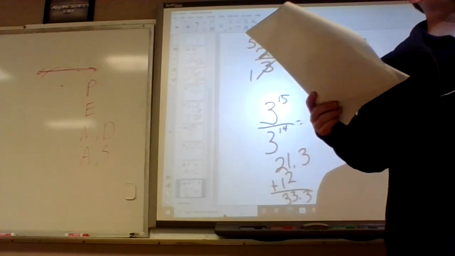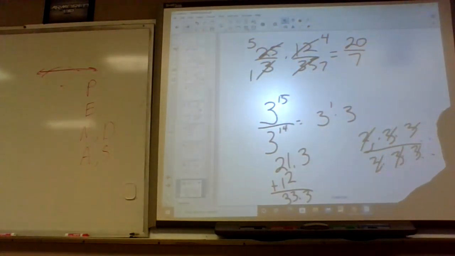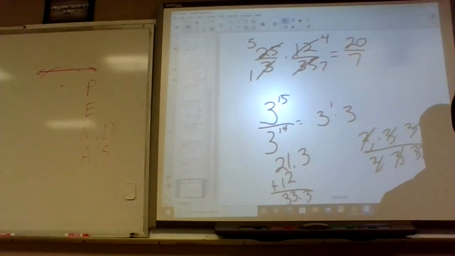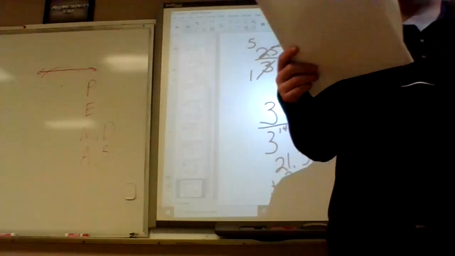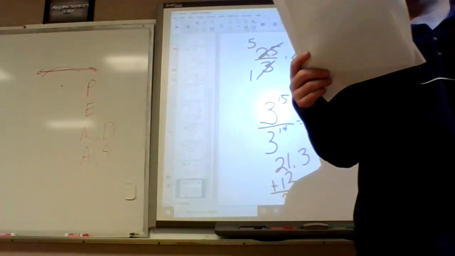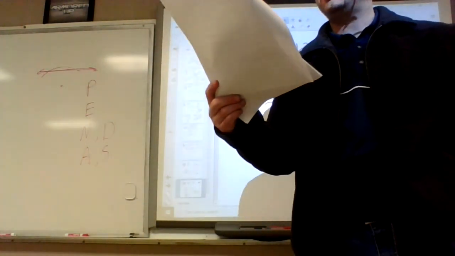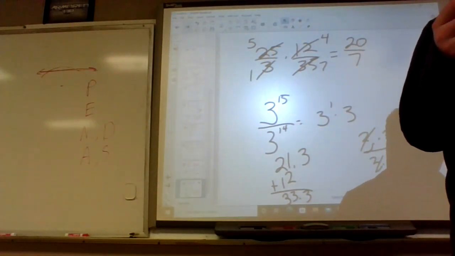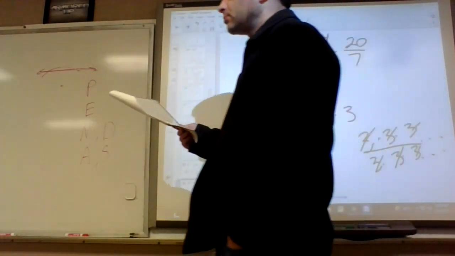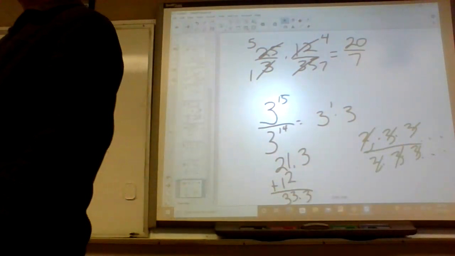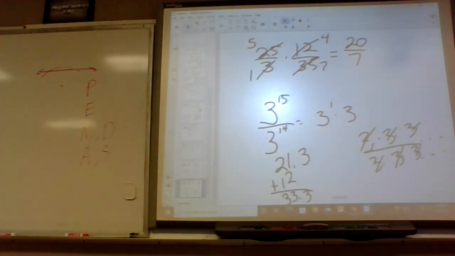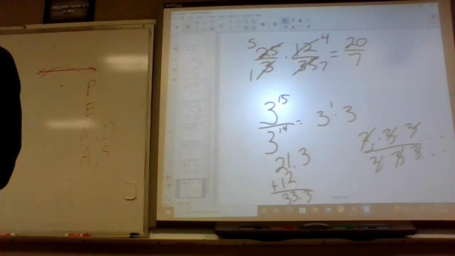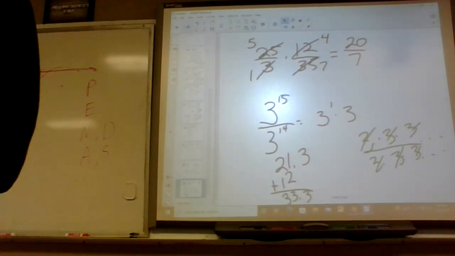Number 9 says A, simplify, B, evaluate. I can't remember what people did on A and B, but I feel like they just solved it twice. Anyway, how can we simplify 4 plus parentheses 5 plus A? 9 plus A. Because it's addition, the order doesn't matter, so the parentheses don't matter.